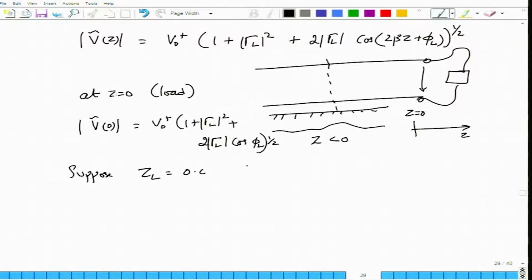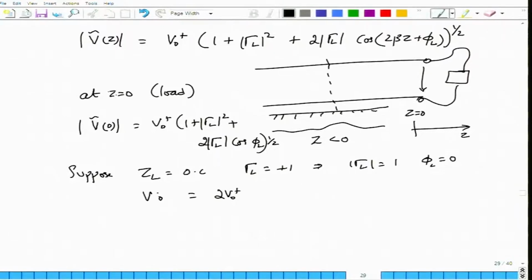So, for an open circuited case, I know that gamma L is equal to +1, which also implies the magnitude of gamma L is 1 and the phase angle phi L will be equal to 0, 0 or 2 pi, does not matter. So, with phi L equal to 0, cos of phi L will be equal to 1, and what you get is 1 plus mod gamma L squared plus 2 mod gamma L, which is nothing but 1 plus 1 plus 2, because mod gamma L is 1. So, this would be 4 to the power half, which is square root of 4, which would be 2, and the magnitude will actually be equal to 2V0 plus.